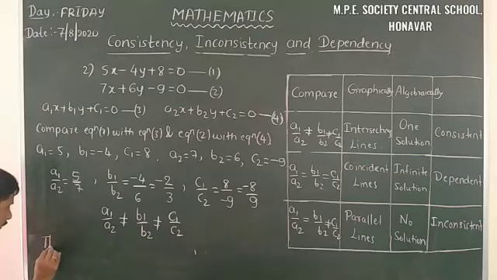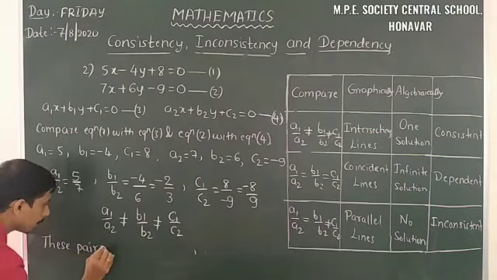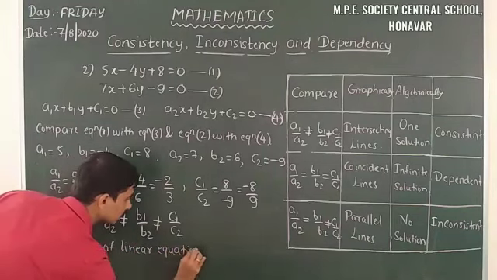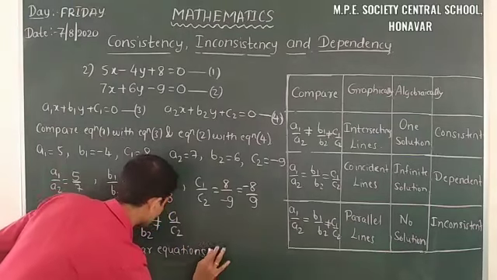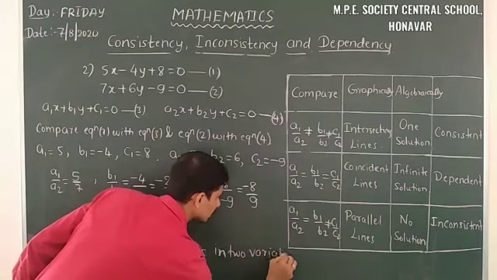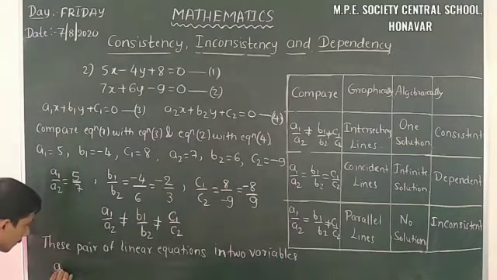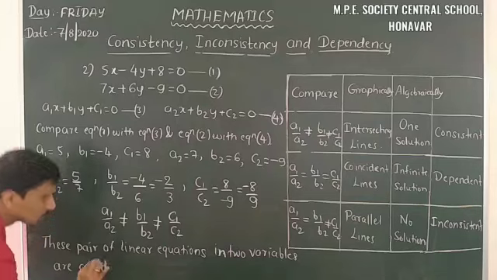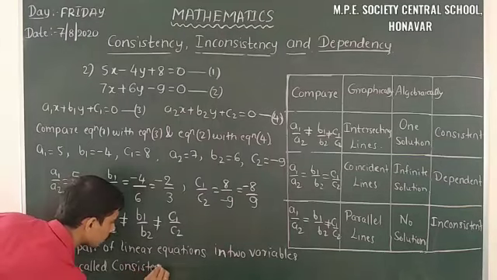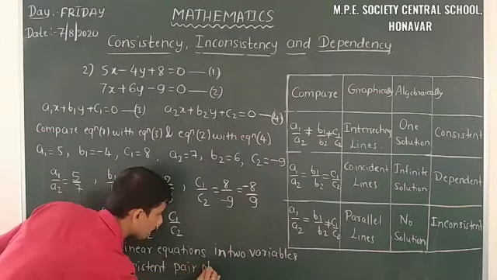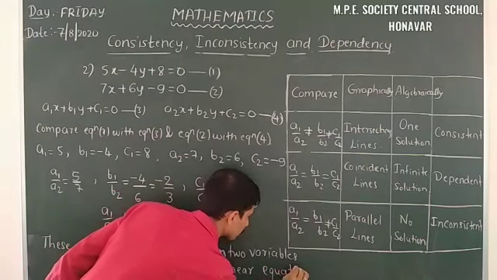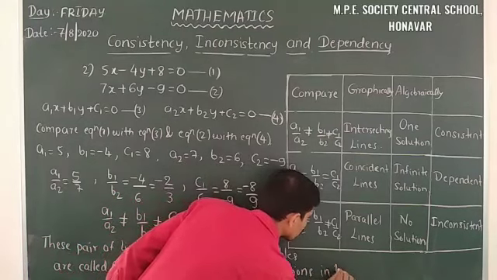These pair of linear equations in two variables are called consistent pair of linear equations.